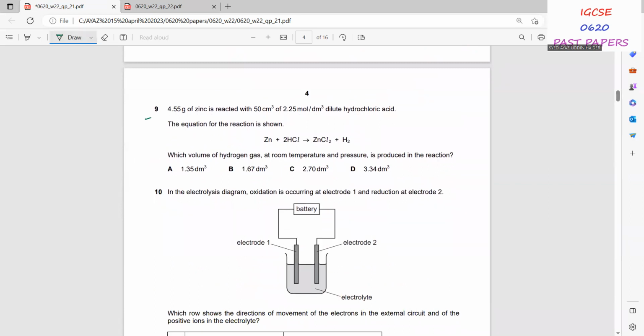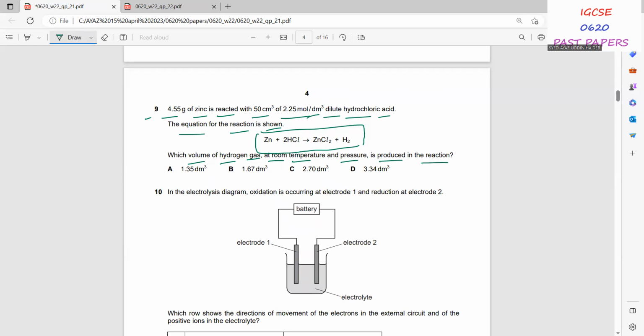Number 9, 4.55 gram of zinc is reacted with 50 centimeter cube of 2.25 mole per dm cube dilute hydrochloric acid. The equation for the reaction is shown. This is the reaction. Zn plus 2HCl gives ZnCl2 plus H2. Which volume of hydrogen gas at room temperature and pressure is produced in the reaction?